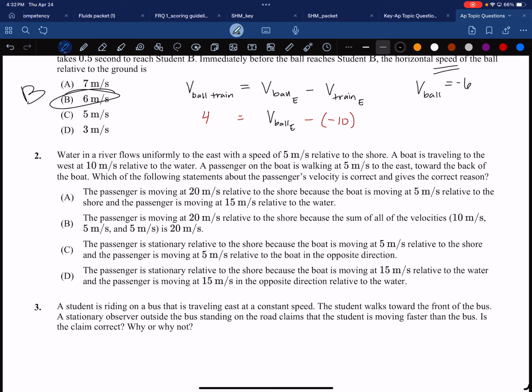So question 2. I'll give y'all a second to read through it. It's actually going to be a 2-step problem.